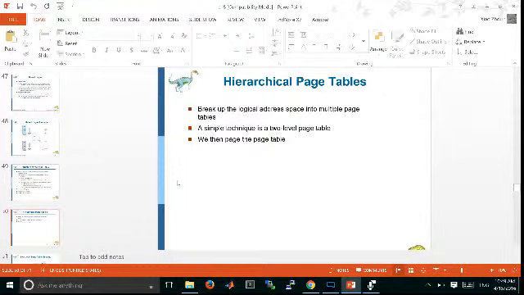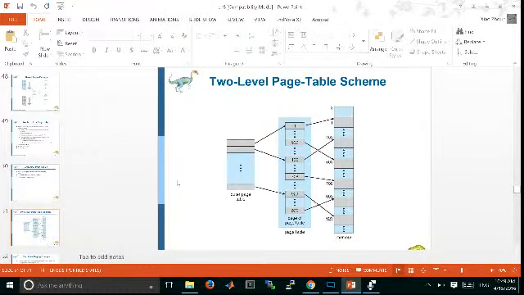And the simple way to do it, you have two levels. So we have first level page tables, which look just like page tables we're used to, but they're limited size. And then that's the outer page table, which is a table of tables.